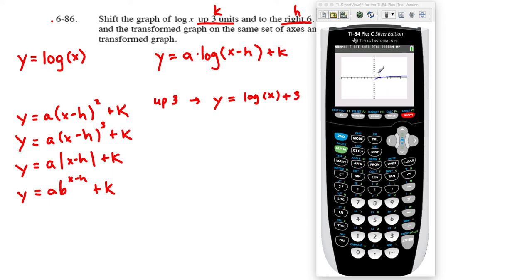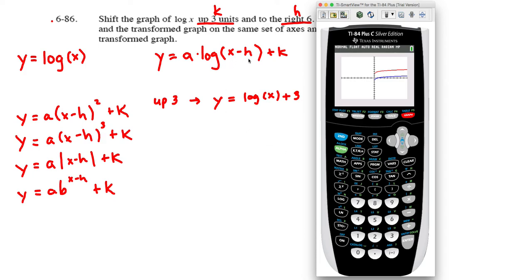Let's see if that shifts this graph up 3 units. Let's go into our calculators, go down to y2, and let's do y equals the log of x, and let's close our parentheses, plus 3. Graph it. And sure enough, it's gone up 1, 2, 3. It's gone up 3 units. So this property still holds true. Whatever we're adding or subtracting at the end is going to move it up and down.